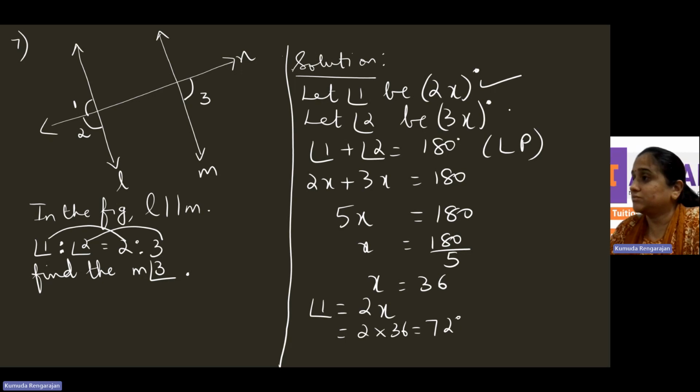You should write first that angle 1 is equal to angle 3 because they're alternate exterior angles. You must write 1 and 3, they're alternate exterior angles. So if angle 1 is 2x degrees, 3 is also 2x degrees. Not 3x, 2x.